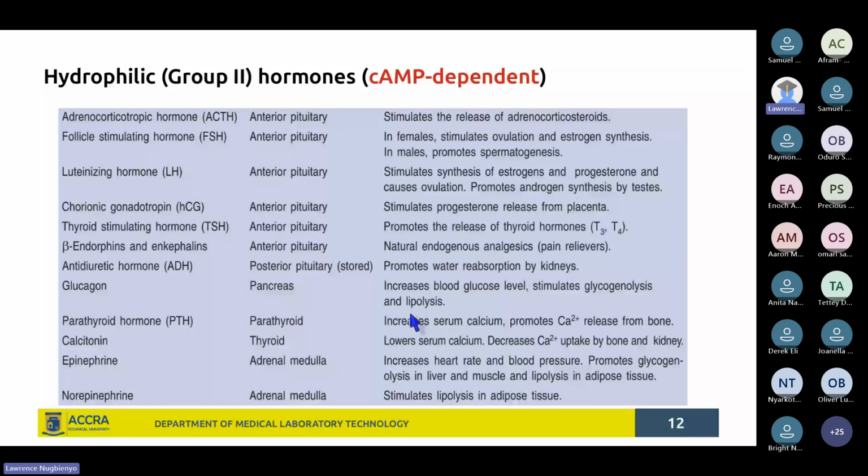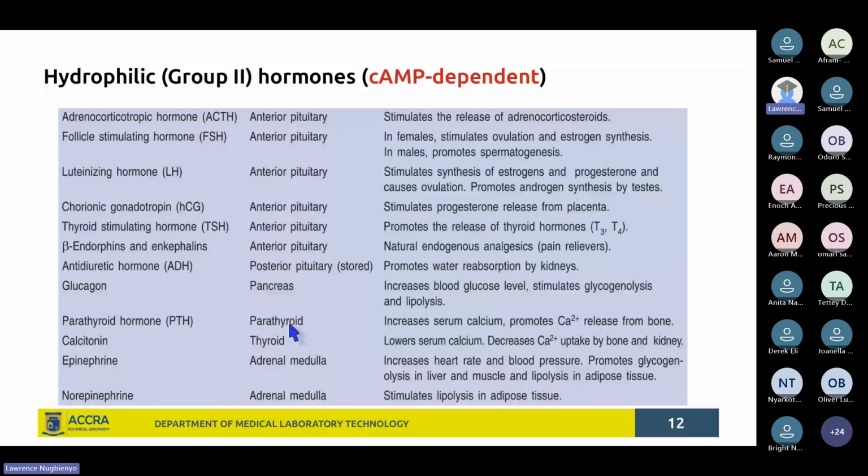Then you have the parathyroid hormone secreted by the parathyroid glands. This is to also regulate calcium metabolism, increases serum calcium by absorption of the calcium ions from the bone marrow.